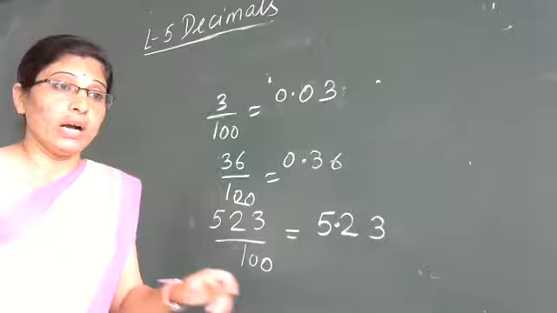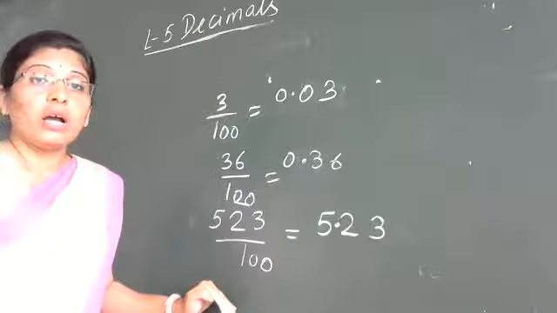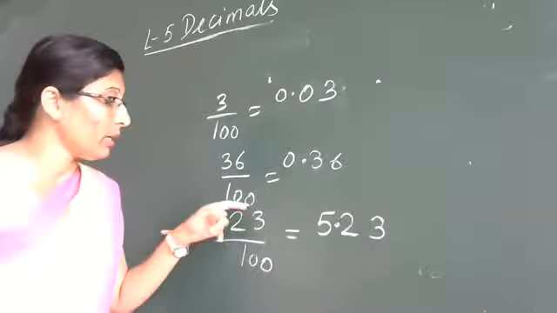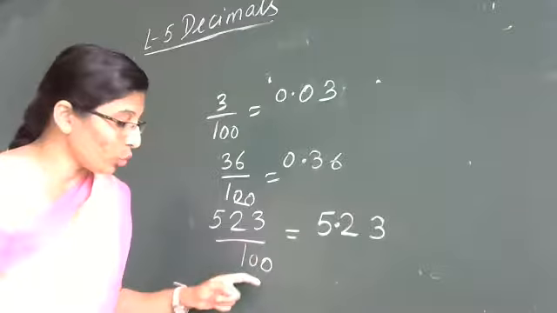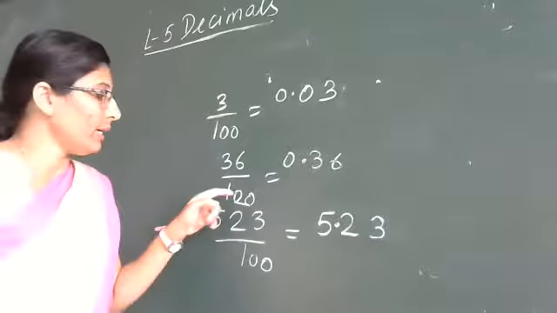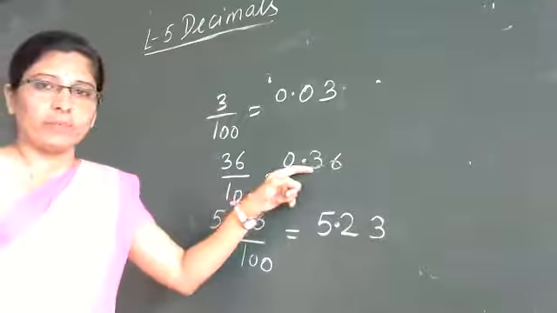Yes. So when we are converting this fraction to a decimal, we have to see the zeros in this denominator. If 2 zeros are there, after the point we have to put 2 digits. If 10 is there, we put 1 digit, like that.